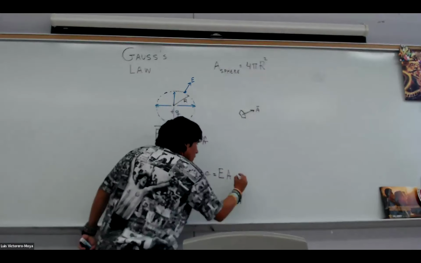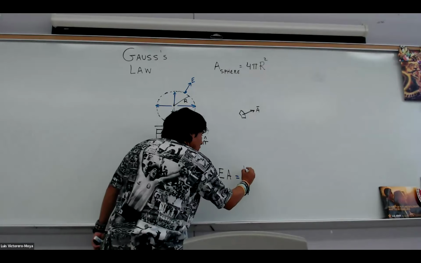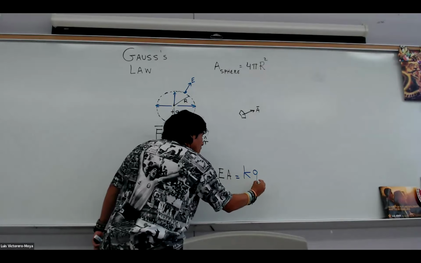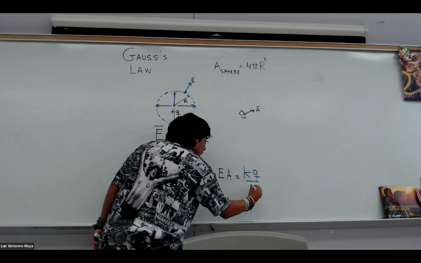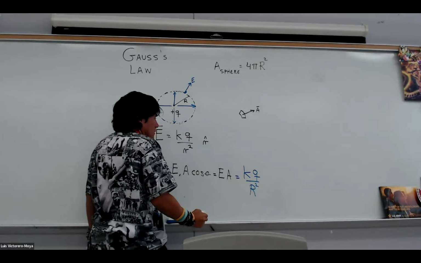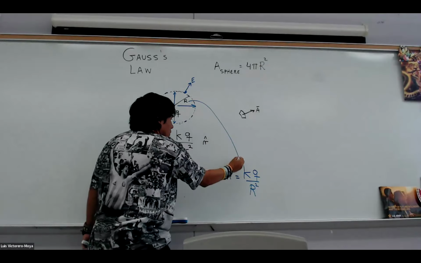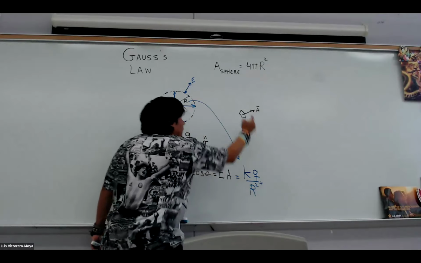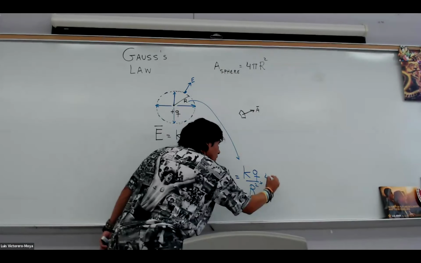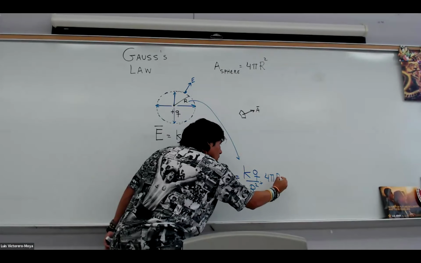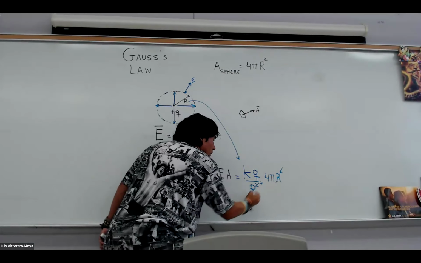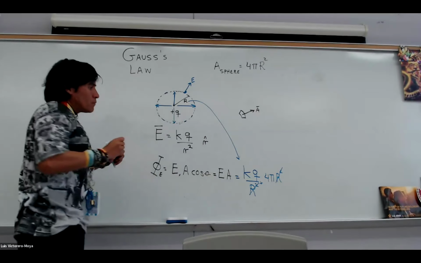So if I take the magnitude of this, now capital R for that radius, times the area of the sphere, I get 4 pi k cubed.